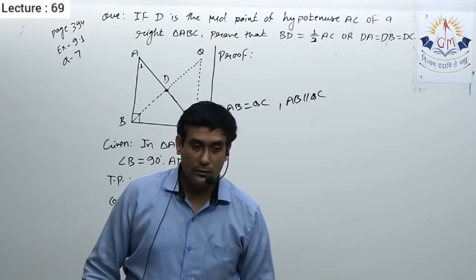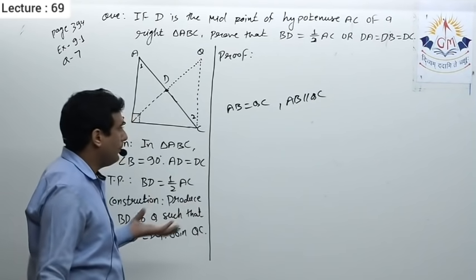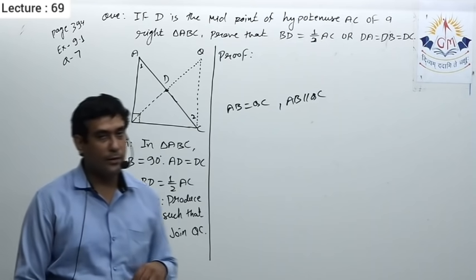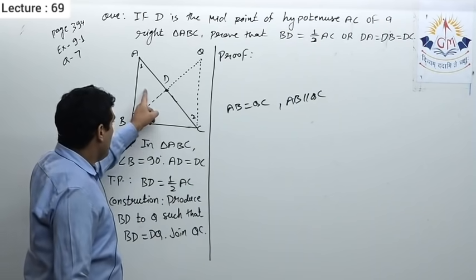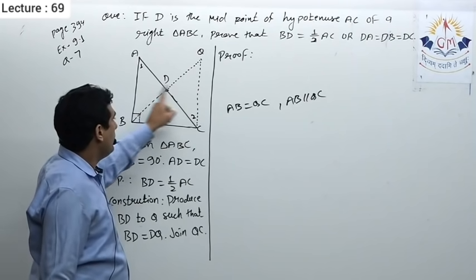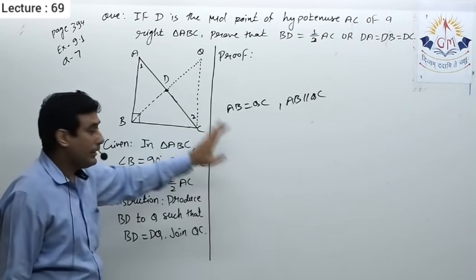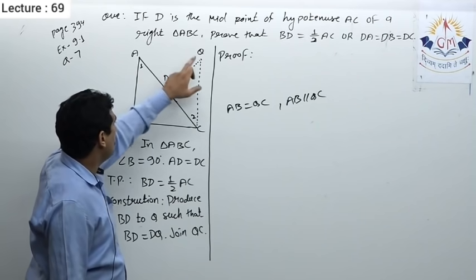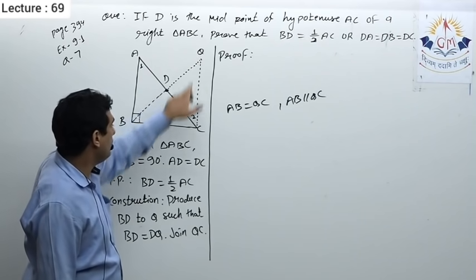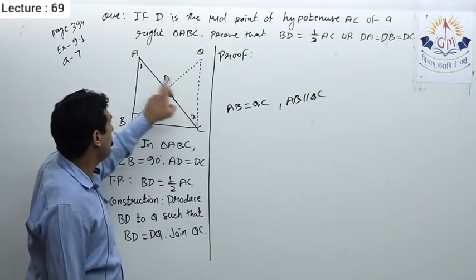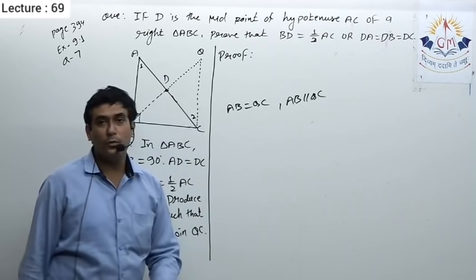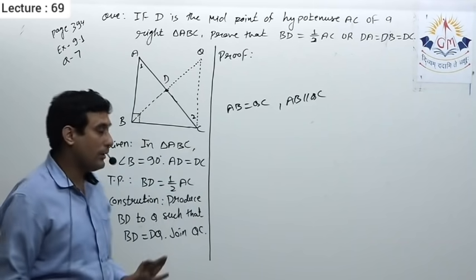Now if you remember the property of the parallelogram that you must have learned in class 8, that if in a quadrilateral one pair of opposite sides is equal and parallel, then it is a parallelogram. If I join AQ, this will become a quadrilateral in which AB is parallel to QC and AB is equal to QC. It means it's a parallelogram.